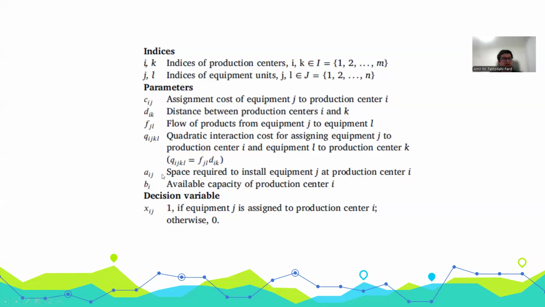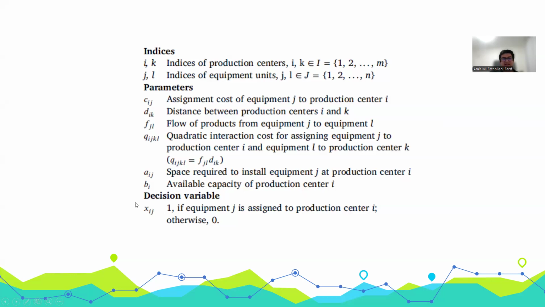So for assignment of an equipment to a production center, there is a space which is needed, and for each facility there is a limitation for the total capacity. So we have these two parameters.